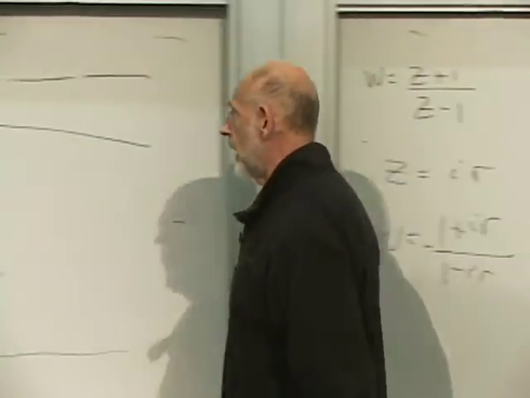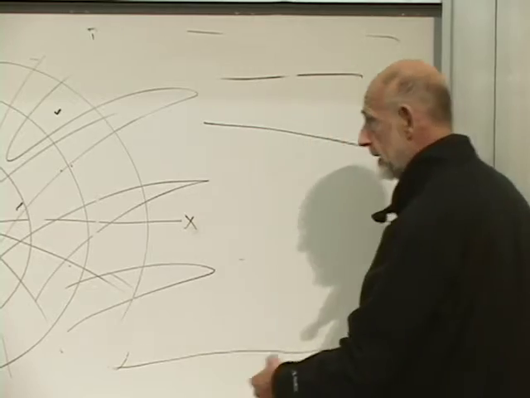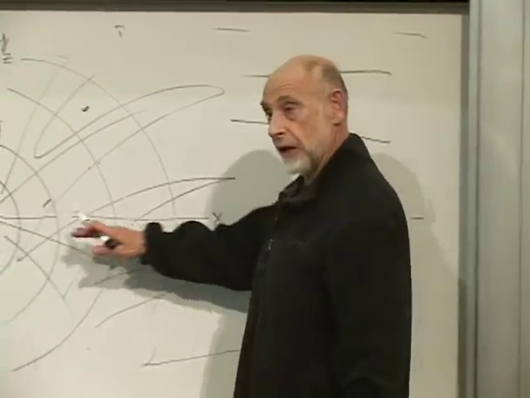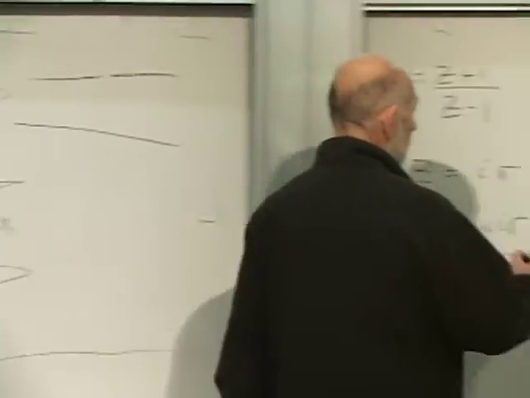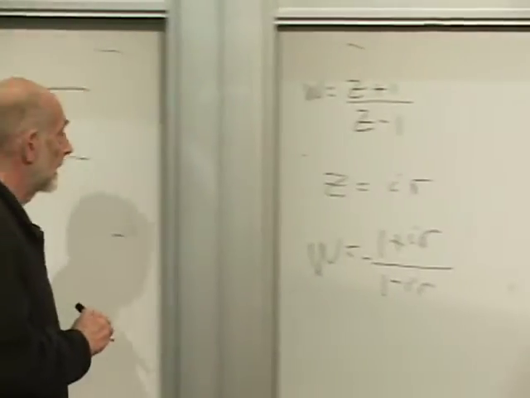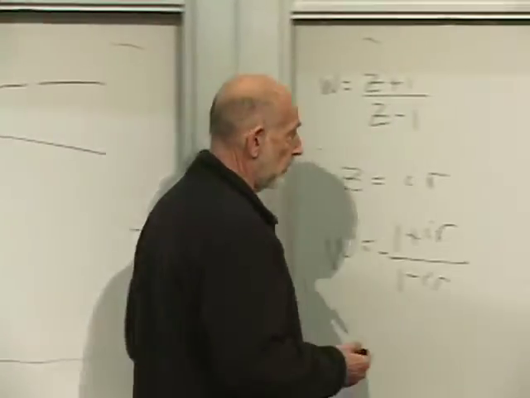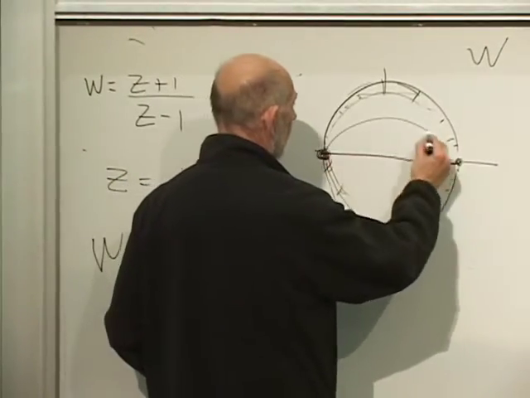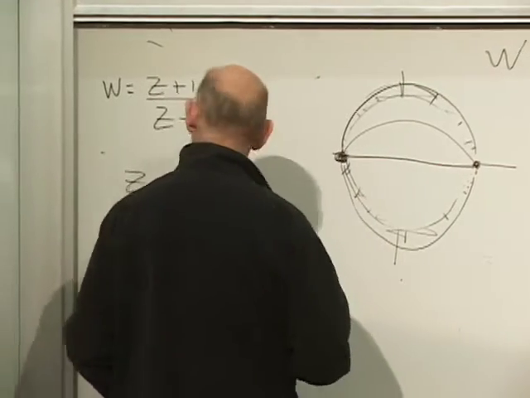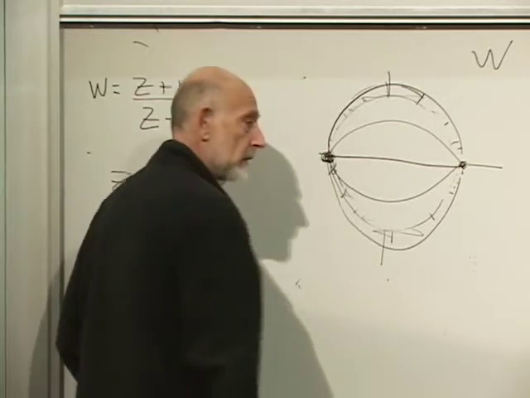So every one of these lines, let's take the one which is completely symmetric between the upper half plane and the lower half plane. That's the x-axis, that's just this line. The radial lines above the x-axis are like that. Radial lines below the x-axis are like that.